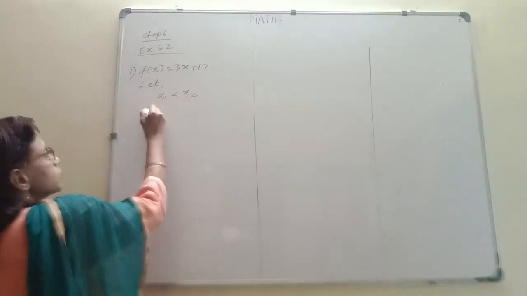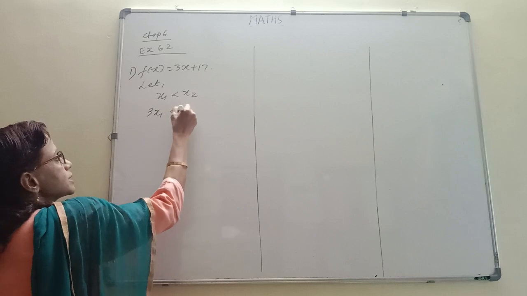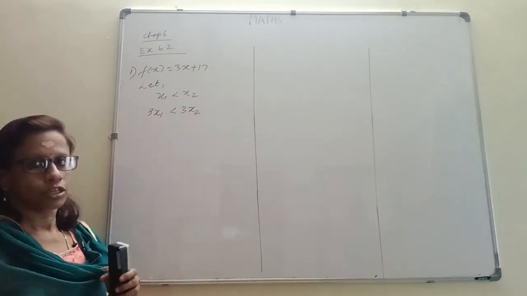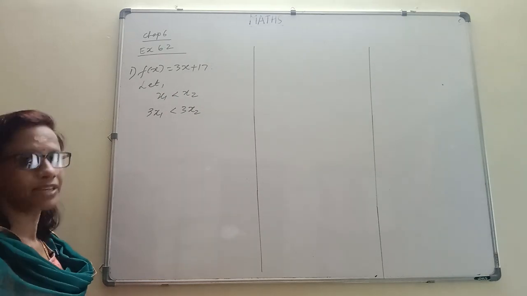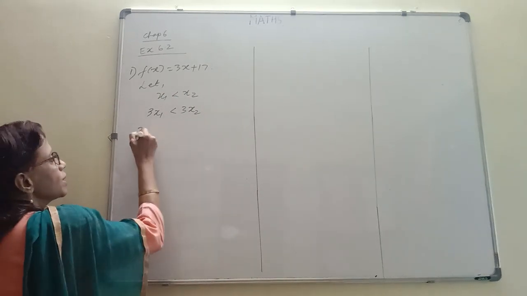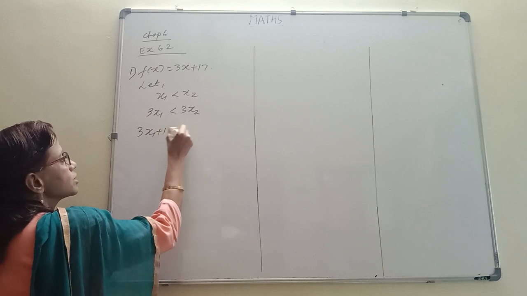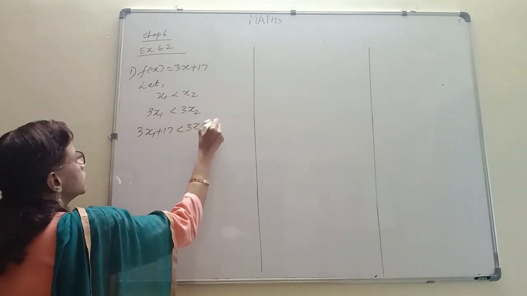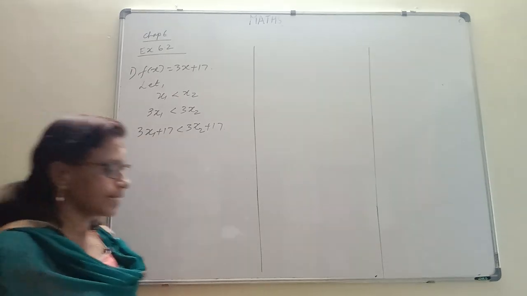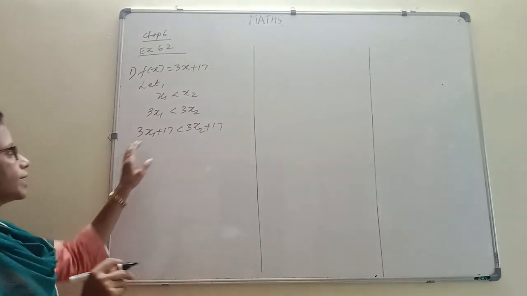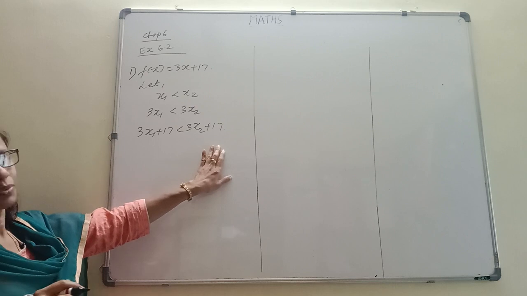So 3x1 is less than 3x2. Also, since we require 3x plus 17, let's add 17 on both sides. So when you add 17 on both sides, you're getting 3x1 plus 17 less than 3x2 plus 17.